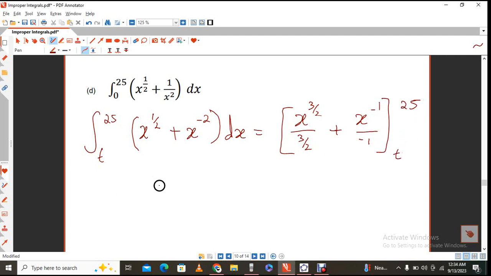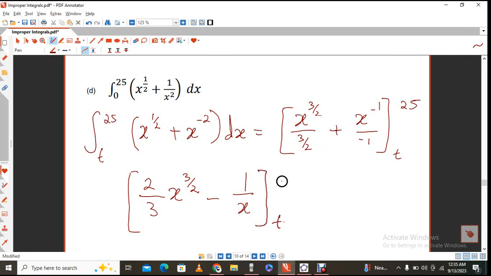And again, you can just clean up this stuff inside here. That is going to be 2 over 3 times x raised to the power of 3 over 2. And this other one becomes a minus because it's a positive and a negative: minus 1 over x, from t to 25.